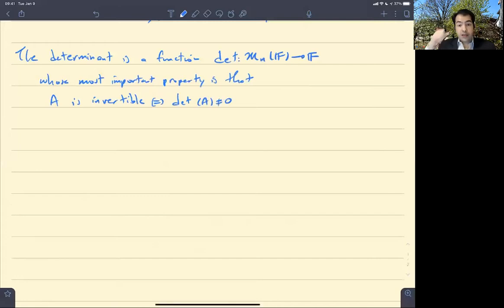So one way of thinking about that is it tells you that the matrix is invertible if and only if its determinant is an invertible element of the field. All right, and said in that way, this extends beyond fields to rings, but that's beyond the scope of this course.